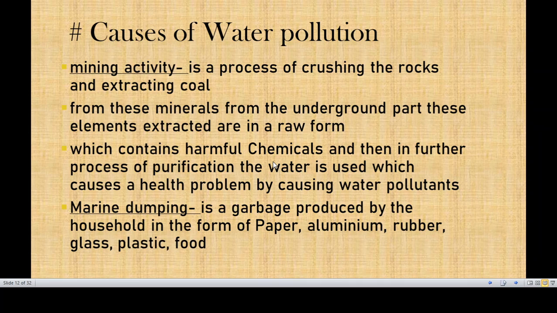When you are crushing down the rocks you are trying to extract the mineral, but at the same time you release harmful chemicals which are present in these stones. Because of crushing they directly get mixed into the water, which is called groundwater, and this groundwater then passes through the form of canals.